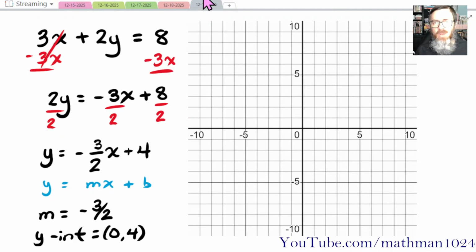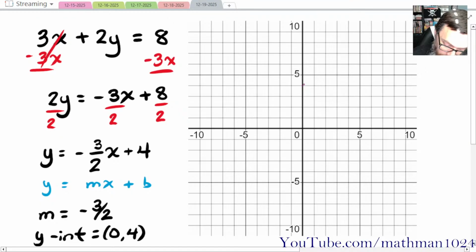It tells you how to move, but you need to know where you're starting, and that's where the y-intercept comes in. The y-intercept is your starting point. So we're going to plot that. I know this sounds ridiculous, but every y-intercept gets plotted on the y-axis. Don't put the y-intercept anywhere else. So 0, positive 4 is going to be right here.